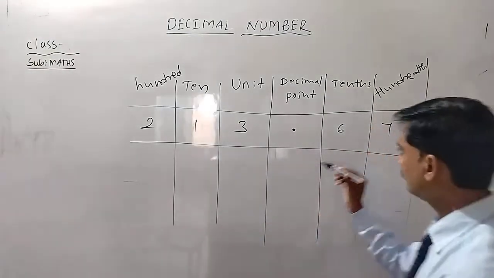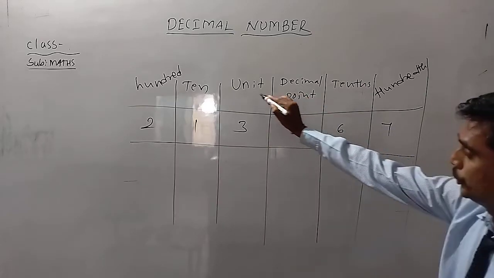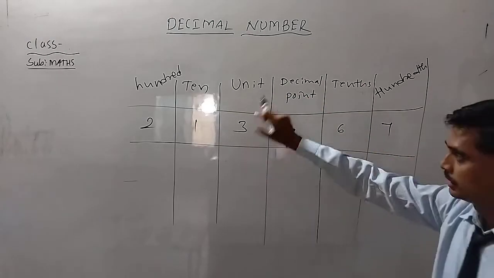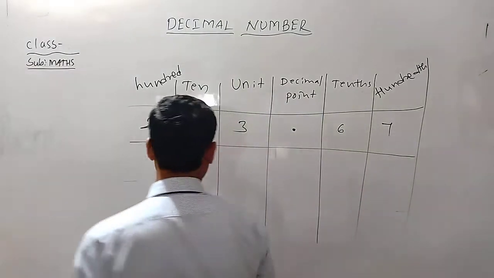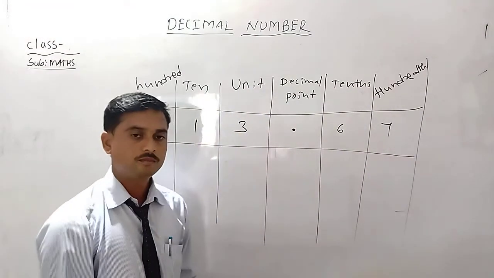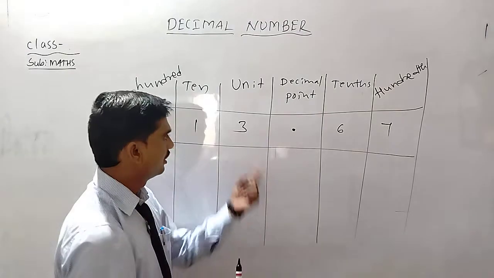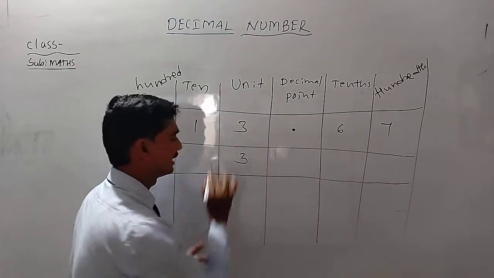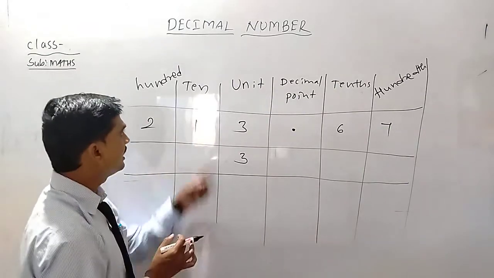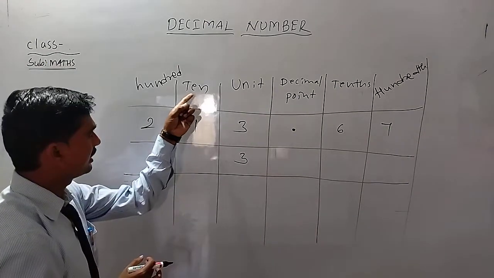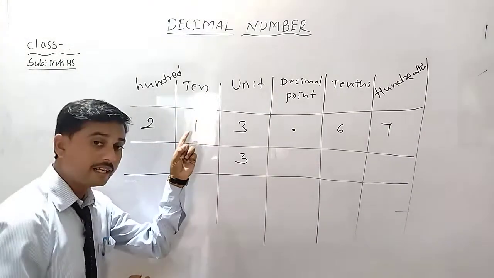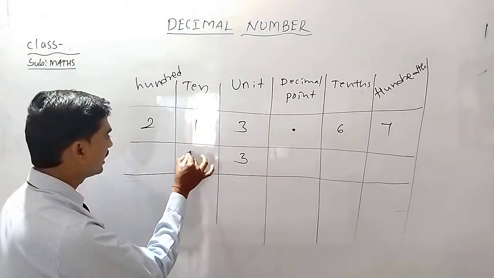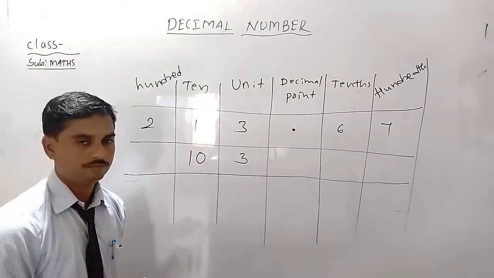The unit place: which number is in the unit place? Sir, 3. How many units are there? 3 units, so the place value is 3. Then here is 10. How many tens are there? 1 ten, so the place value is 10.